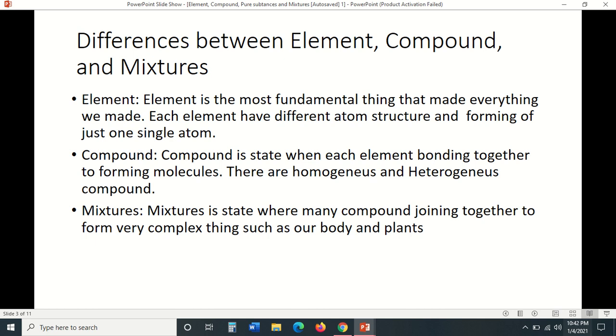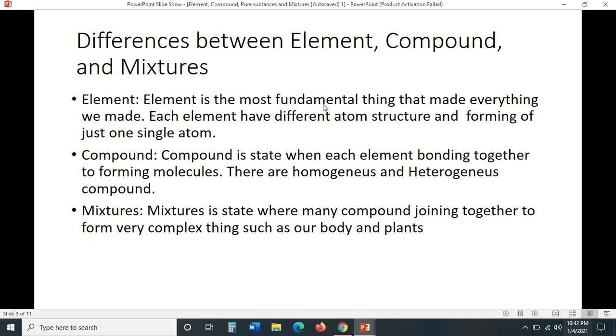As I mentioned before, an element becomes different if we add more protons. So if there are two protons, the element becomes number two. It has atomic number two, which we know as helium.